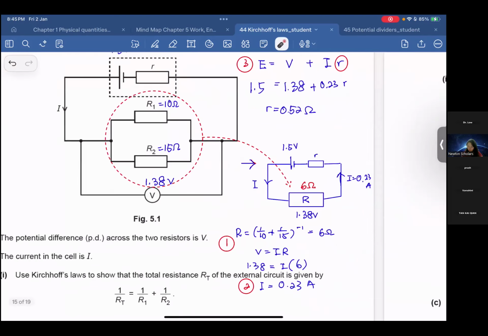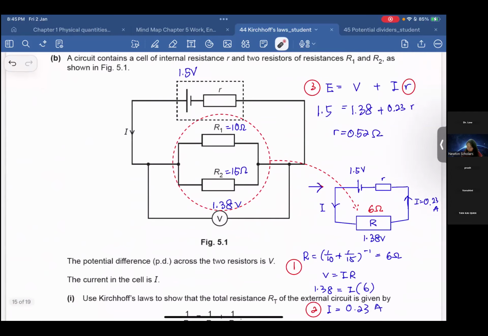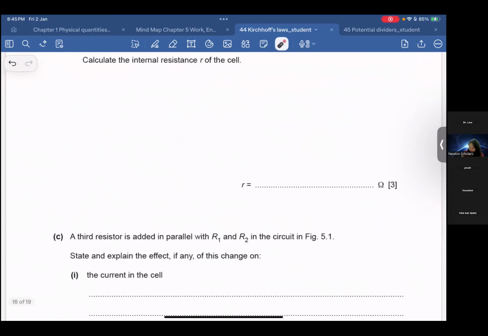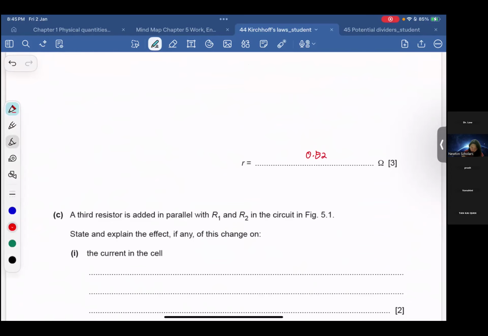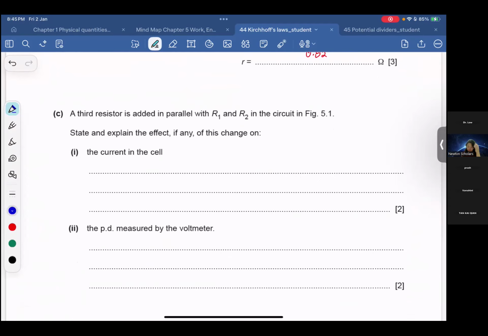Okay, next, let's go. So this is the answer just now I wrote here, 0.52. Okay, next question, C. A third resistor is added in parallel with R1 and R2. So just now it already had 2 connected in parallel, like this. So right now it becomes 3 resistors.